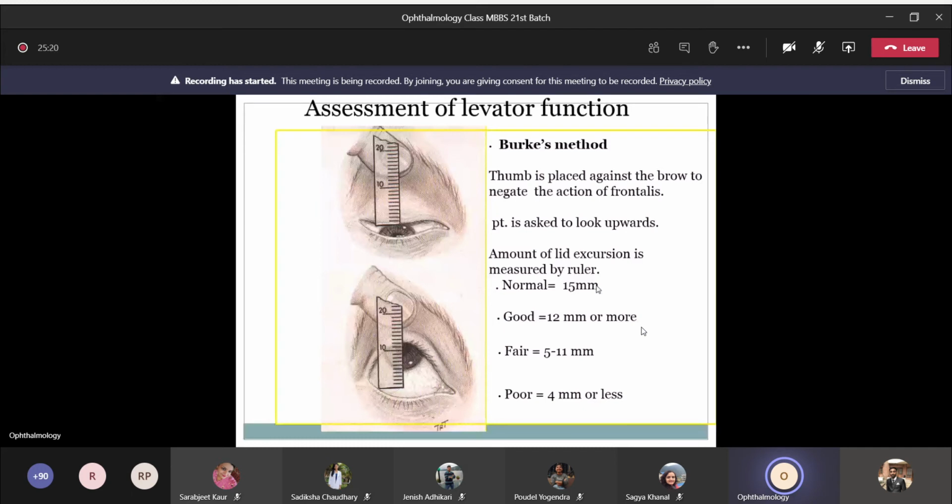The patient is asked to look down, and the thumb is placed over the eyebrow to compress the action of the frontalis muscle. Then the patient is asked to look upward, and we measure the distance on the scale. If it's 15 mm, that means it's normal levator function. If it's 12 mm or more, it's good. If it's 5 to 11 mm, it's fair. And if it's 4 mm or less, that means the levator function is very poor.